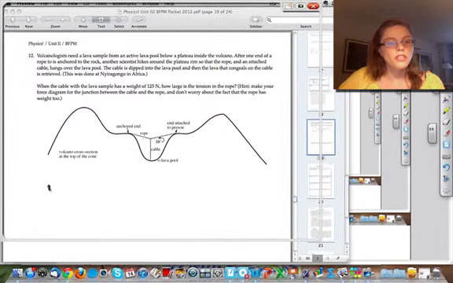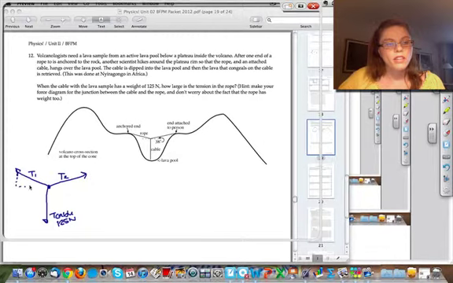So the free-body diagram is going to look very similar to this. So we have the tension in the cable, which we're given as 125 newtons, and then we'll call this tension 1 and 2.